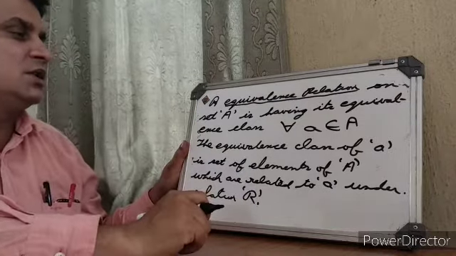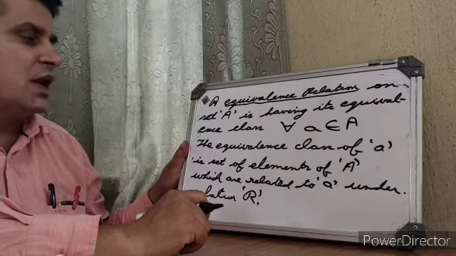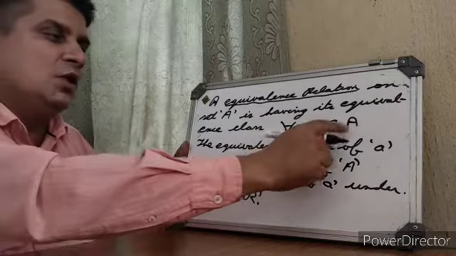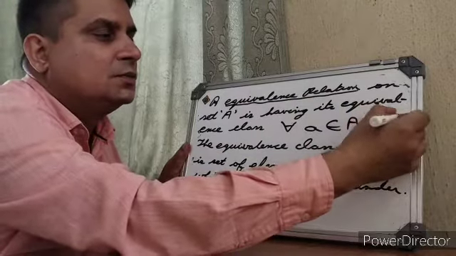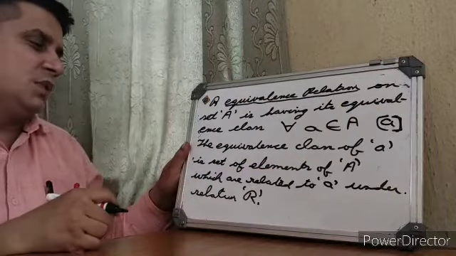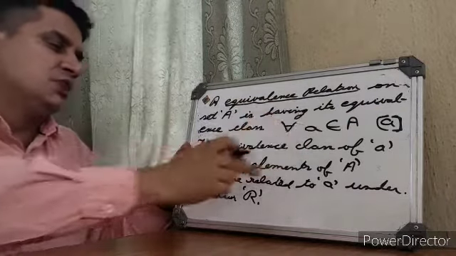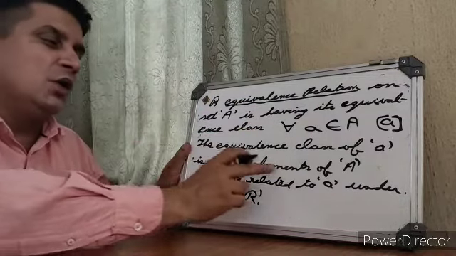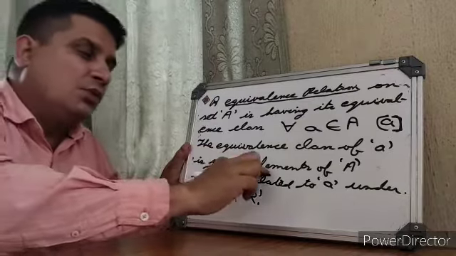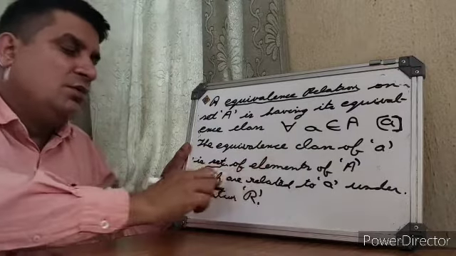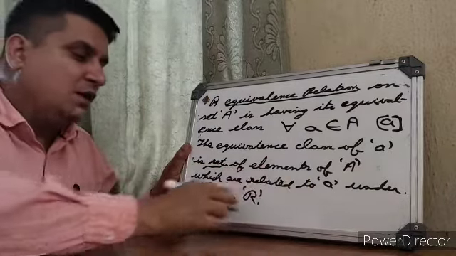Equivalence relation on set A is having its equivalence class for each and every a belonging to set A. The equivalence class of a is represented as this. It's a set. It is a set of elements of A which are related to a under relation R.